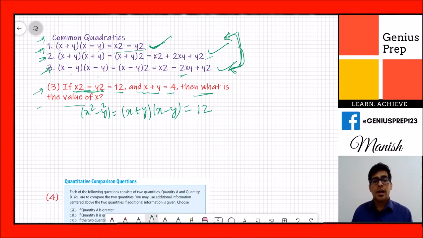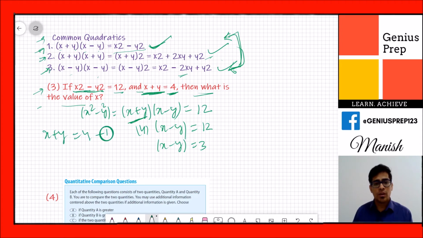Here it says x plus y is equal to 4, and we have the x plus y expression, so we write down 4, and 4 times x minus y is equal to 12. So x minus y is equal to 3, right? Now we have equation 1, x plus y is equal to 4, and x minus y is equation number 2.